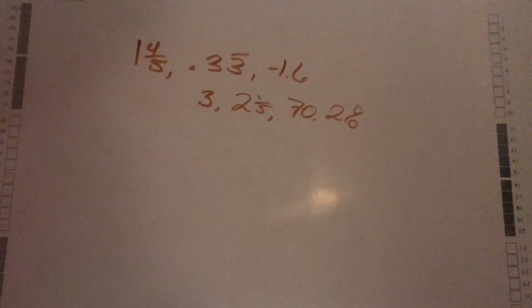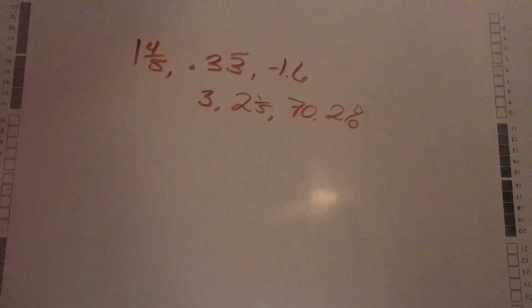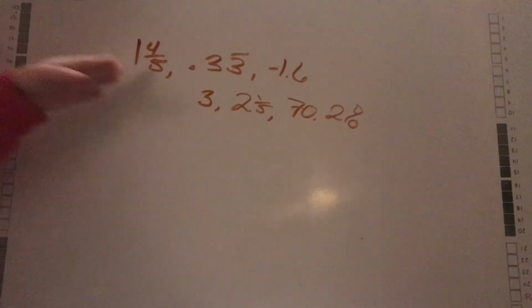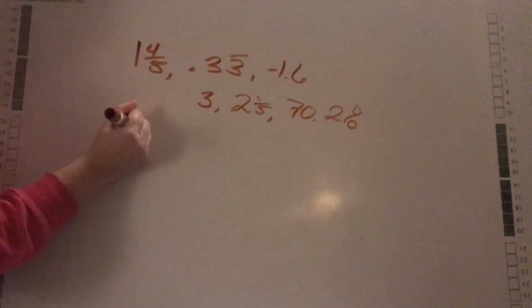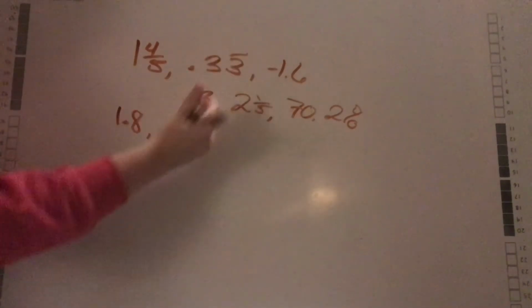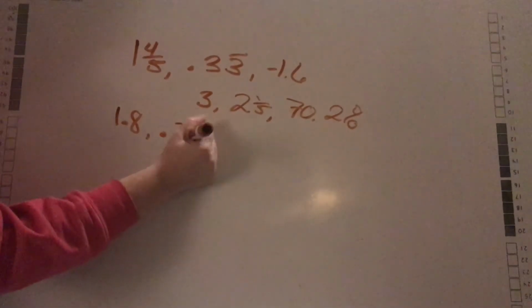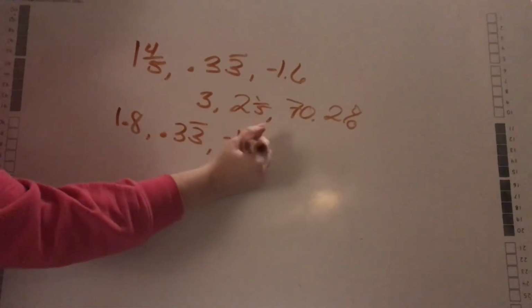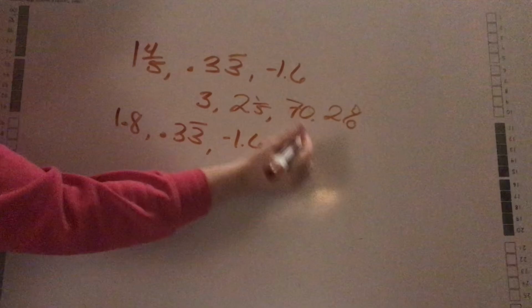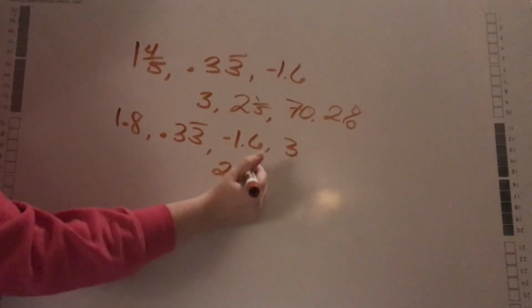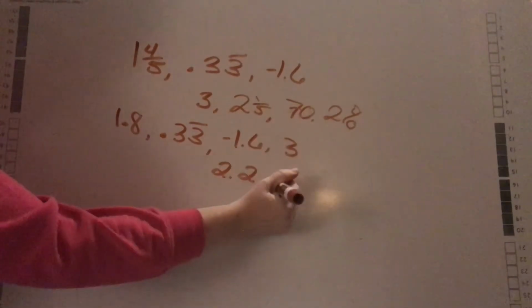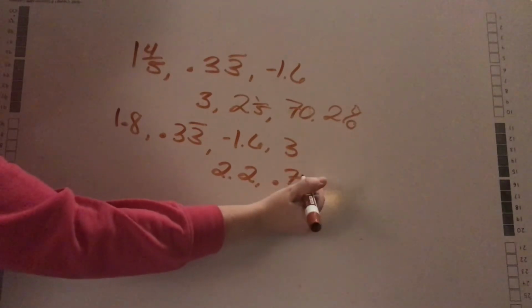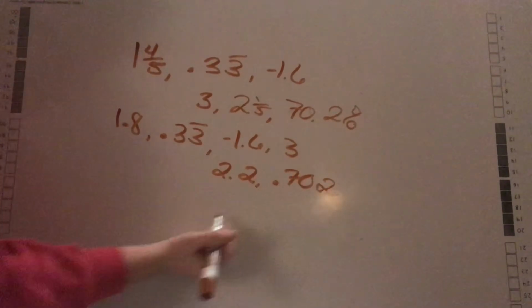So what I would do, not looking at the book, is put all of these in decimal format. So we know that this is going to be 1.8. That's going to stay, it's already in decimal format. Negative 1.6, 3. That's going to be 2.2. And then this is going to be 0.702.